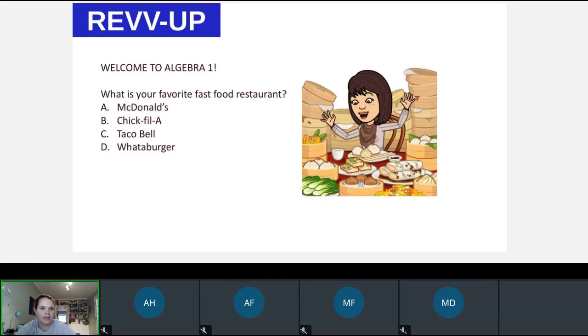If you had to choose one of these four, it may not be your absolute favorite, but if you had to choose from these four, what would you choose? All right, right now it is a tie between Chick-fil-A and Whataburger.